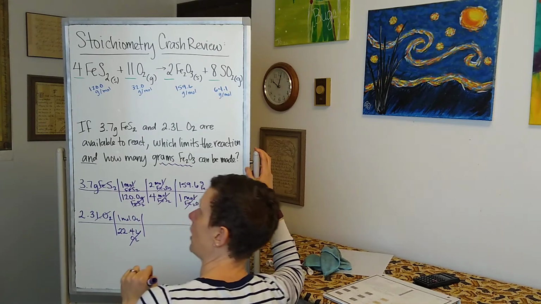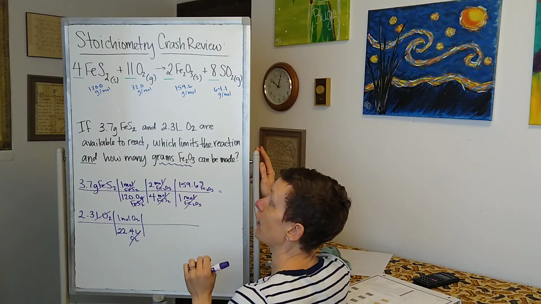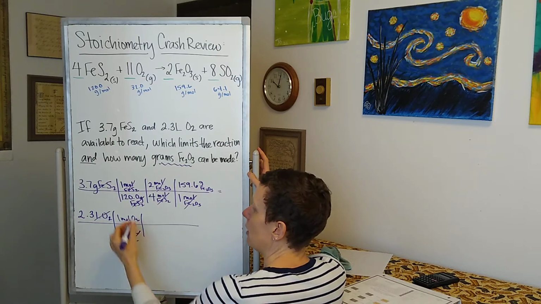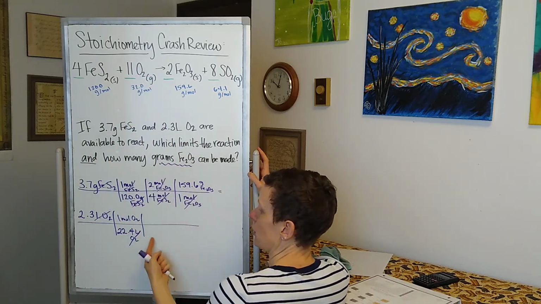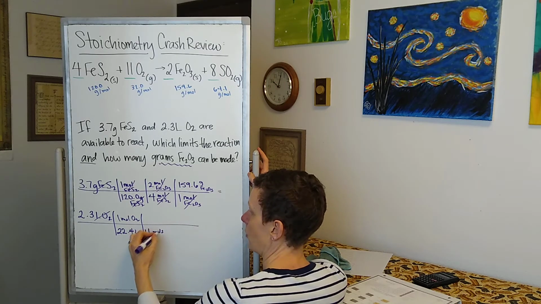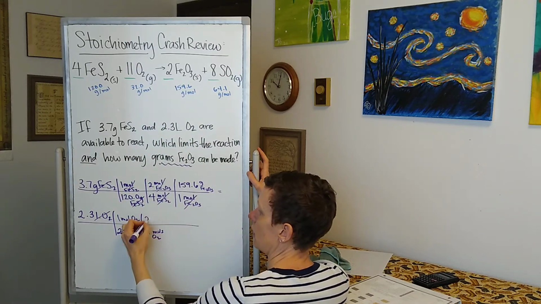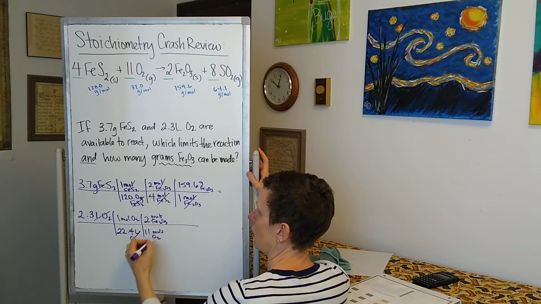Now my mole ratio, again, I am comparing my oxygen to what I'm trying to find, my Fe2O3. There are 11 moles of oxygen, which I want on the bottom to cancel my oxygen. 11 moles of oxygen for every 2 moles of Fe2O3.